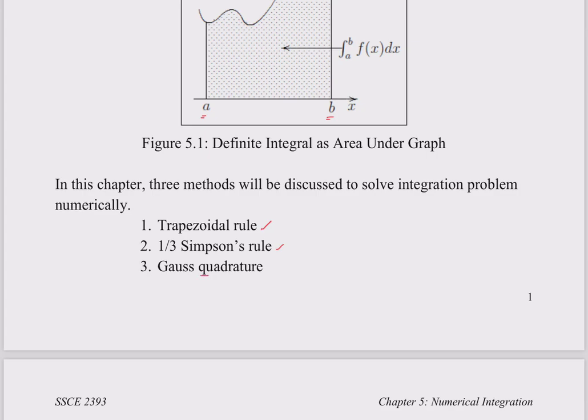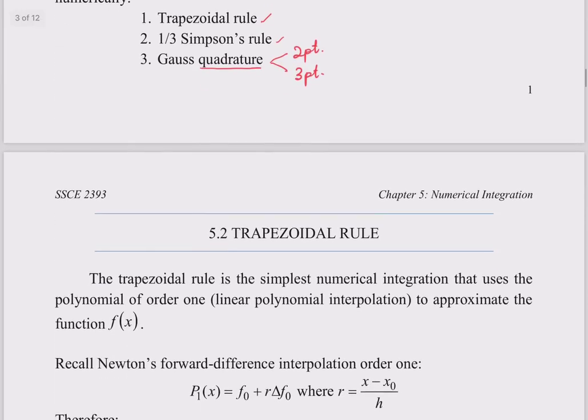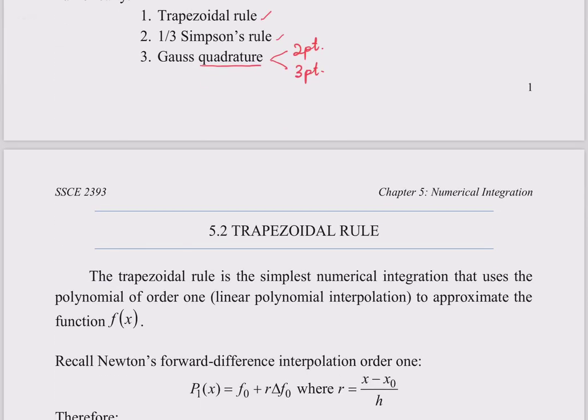Here, quadrature is actually another name for integration, so sometimes integration is also called quadrature. Under this one we will discuss 2 point and, if I'm not mistaken, 3 point, but never mind, we will discuss one by one. So we will go with the trapezoidal rule first.